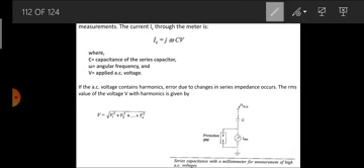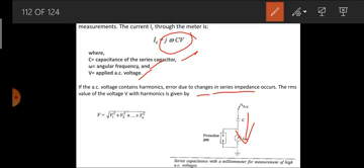The current IC flowing through this meter is j omega C into V, where C is the capacitance of the series capacitor, omega is the angular frequency, and V is the applied AC voltage. Now, if the AC voltage contains harmonics or errors due to changes in series impedance occur, the RMS value of the voltage V with harmonics is given by the formula we all know.